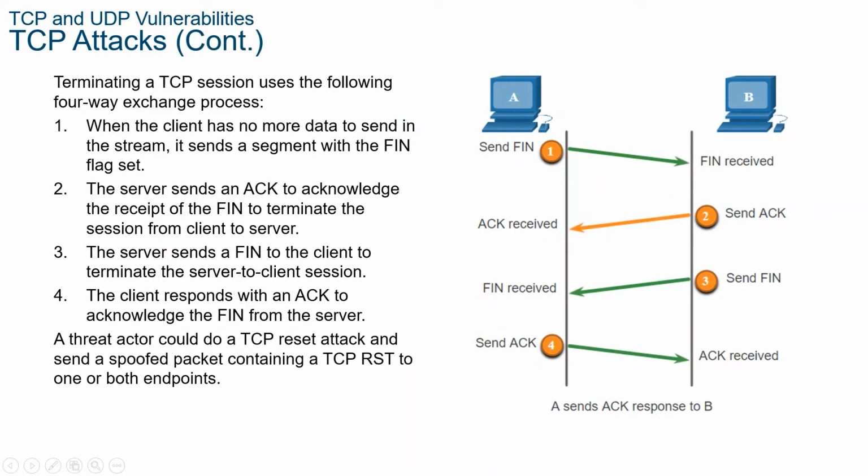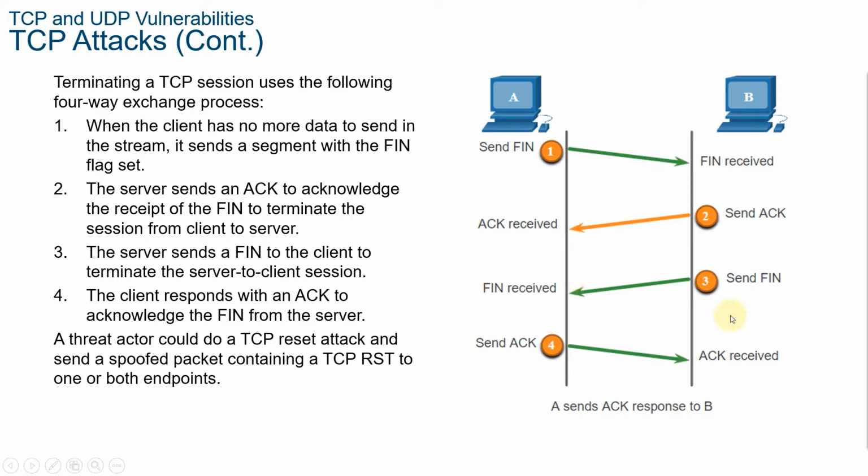How about terminating a TCP connection? Terminating a TCP session uses the following four-way exchange process. First, when the client has no more data to send in the stream, it sends a segment with the FIN flag set. Now the server sends an acknowledgement to acknowledge the receipt of the FIN to terminate the session from client to server.